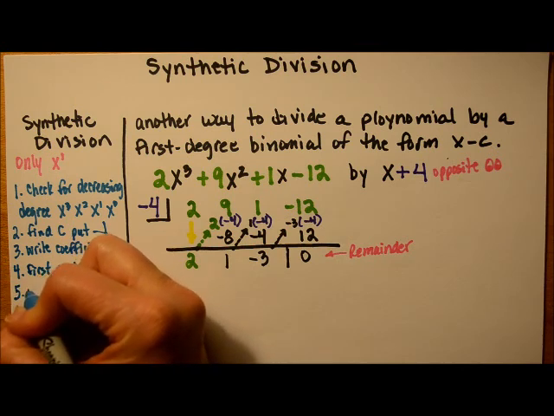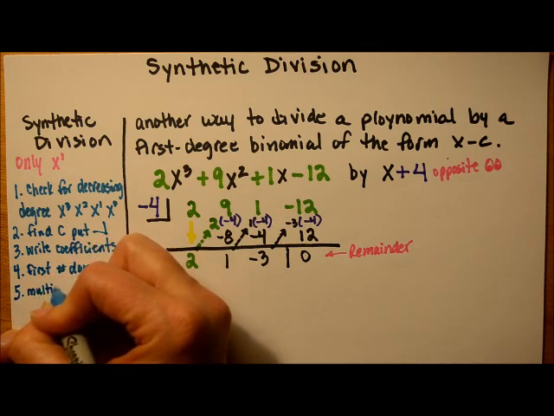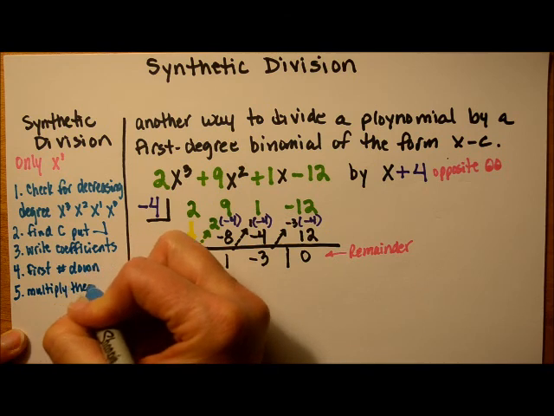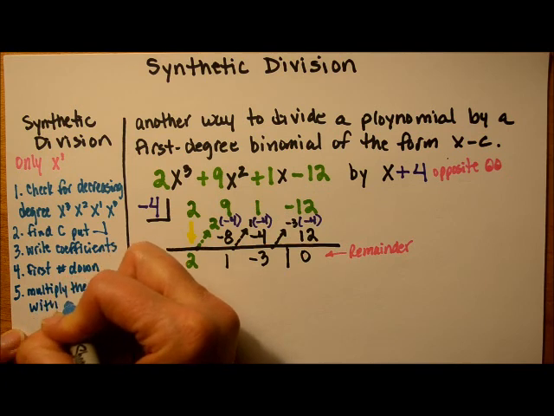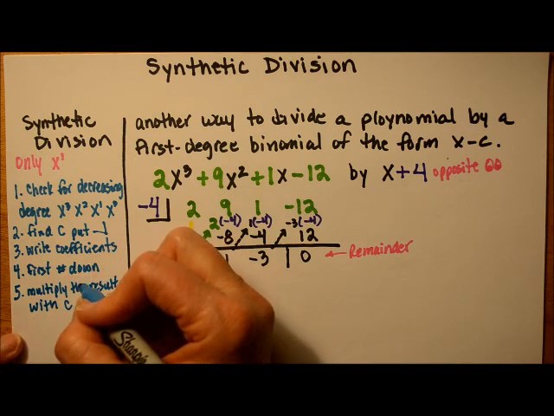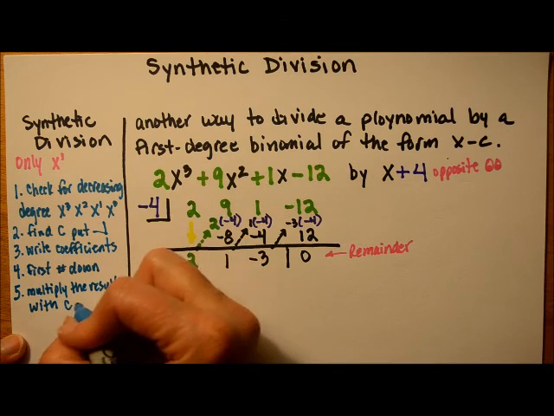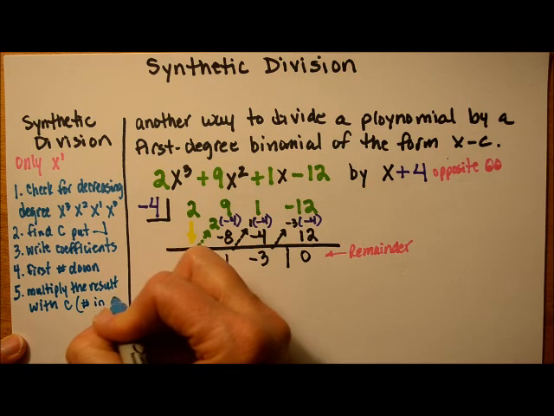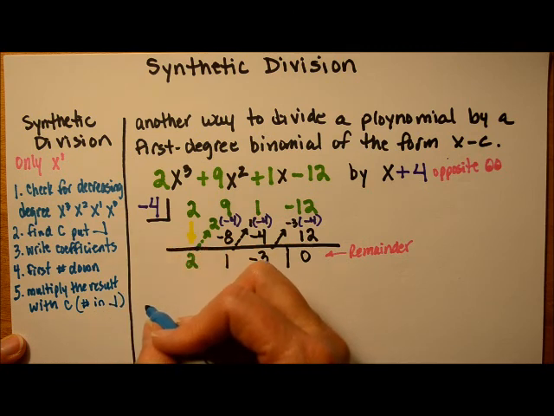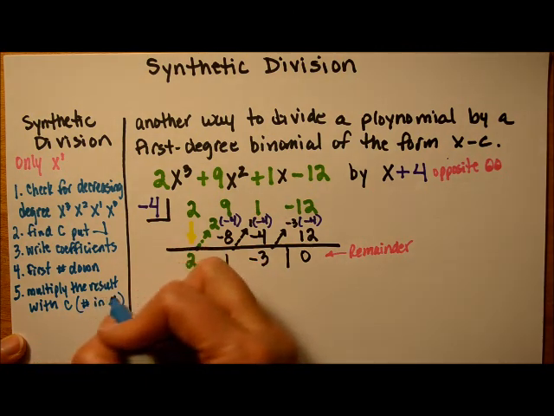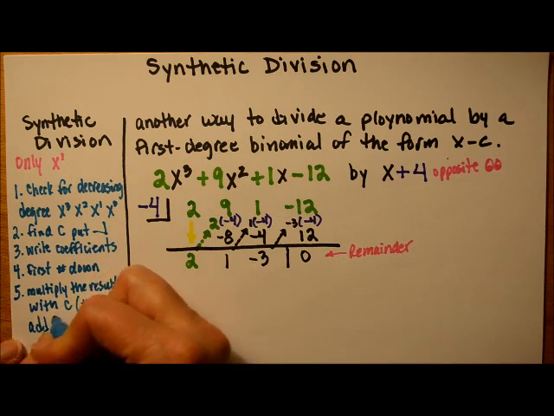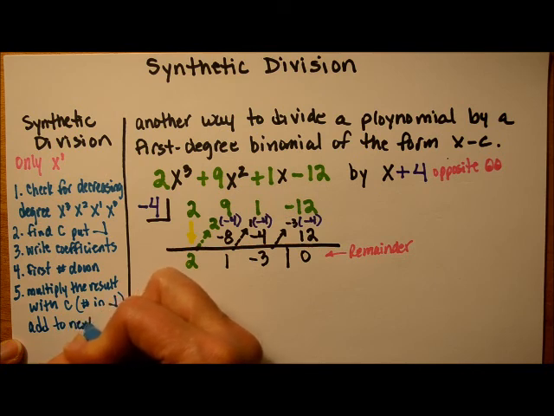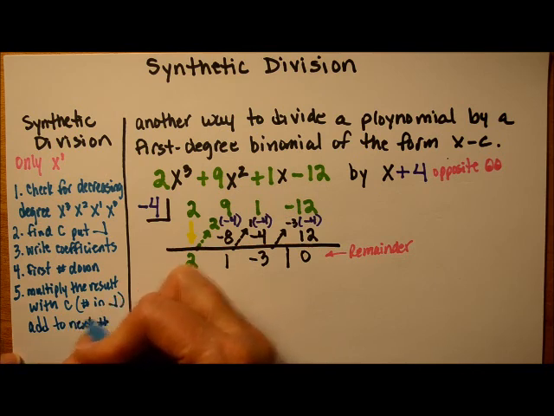And then you're going to multiply the result with C, the number in the box. And then you're going to add it to the next number.